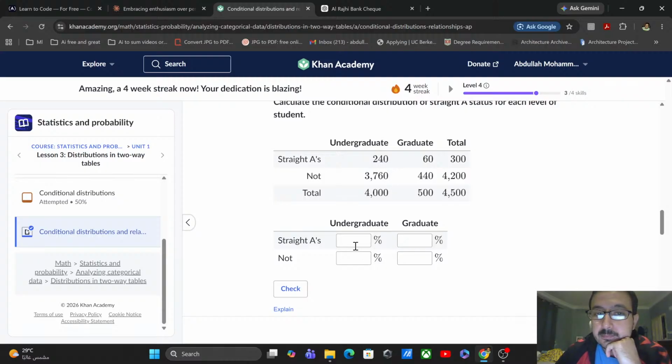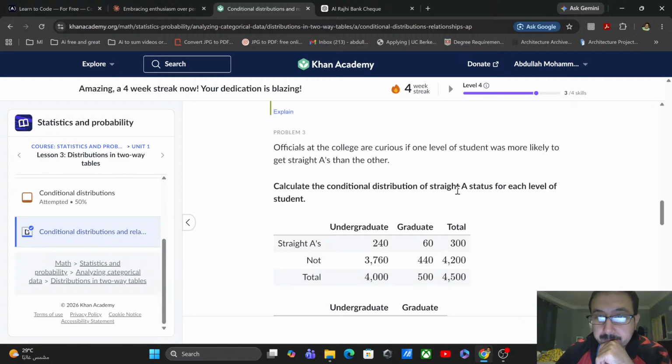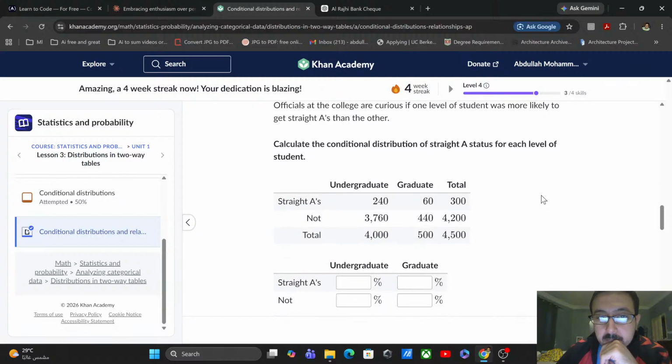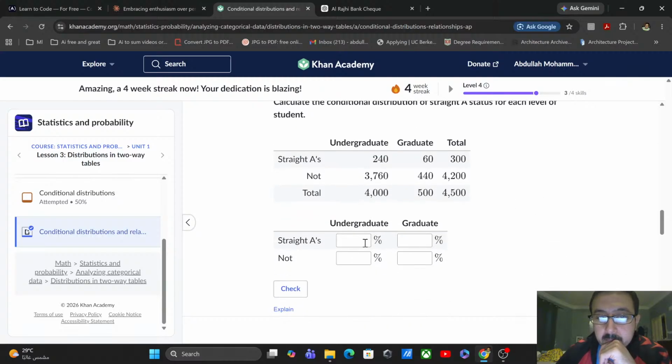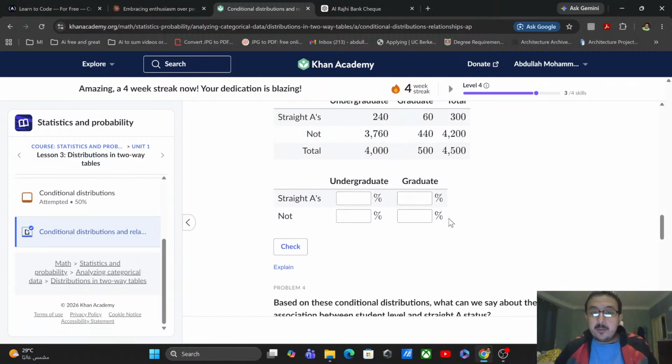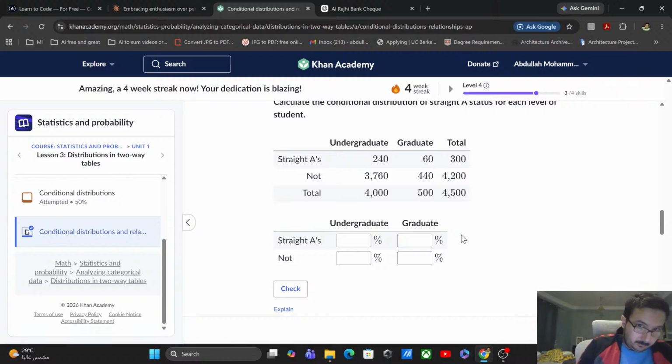Straight A. No calculator. 240 out of 300. Okay. 0.80. That is 20.